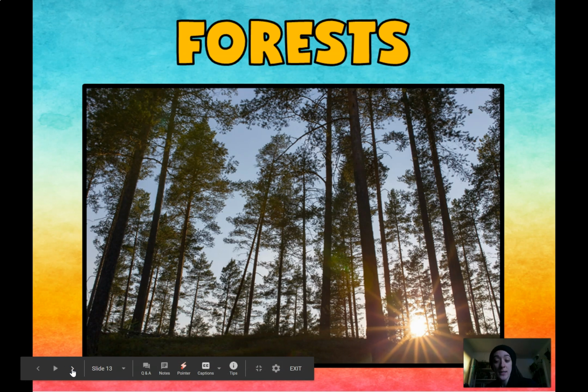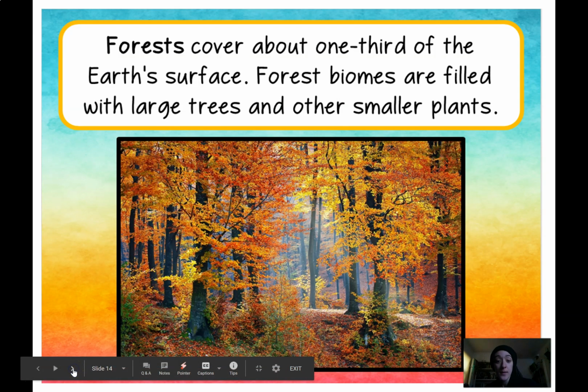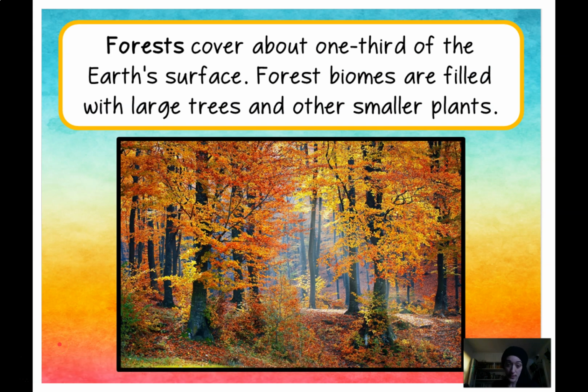Sweet. Our next biome is forests. So the main thing about a forest is that it has trees. Forests cover about 1/3, or about 33%, of the Earth's surface. Forest biomes are filled with large trees and other smaller plants, and usually lots and lots of animals as well.